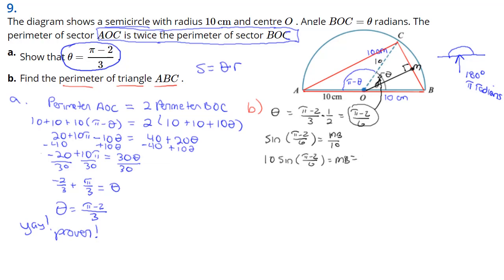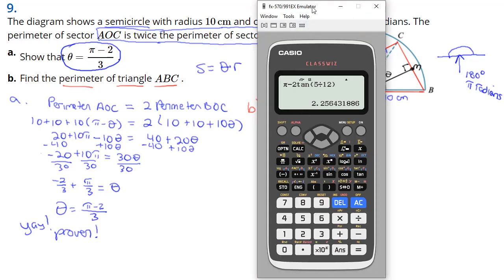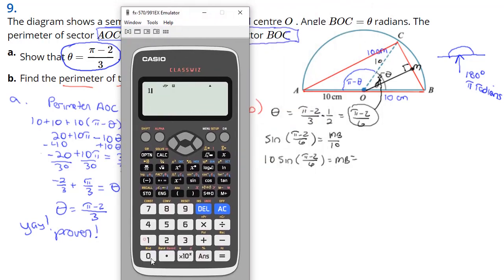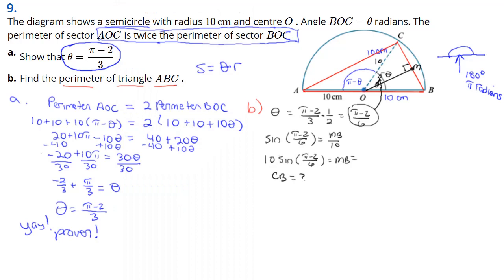Now all I've got to do is plug that into my calculator. And when I get done, I'm going to multiply that total by 2, because what I'm figuring out right now is CM, and I actually want to know CB. So I get 3.7824, at least 4 digits after the decimal point.